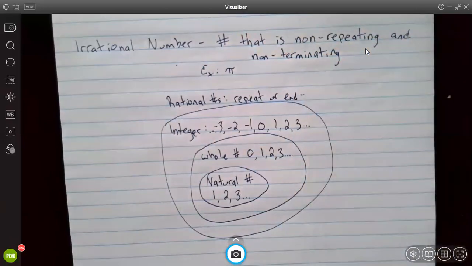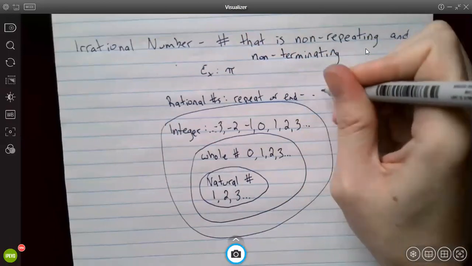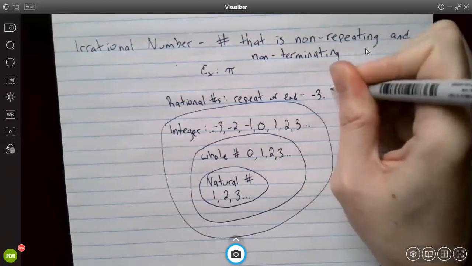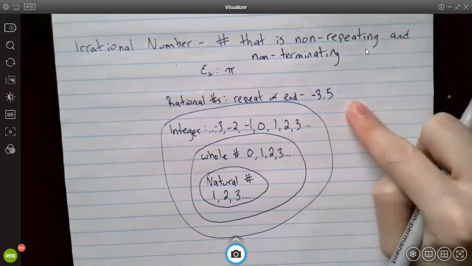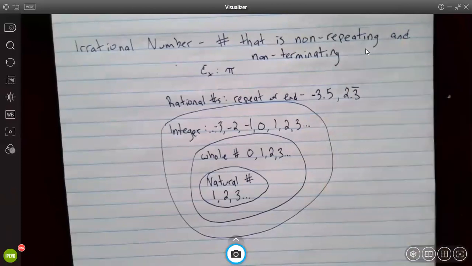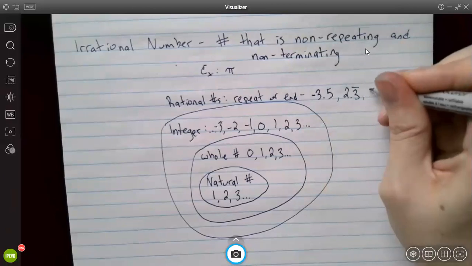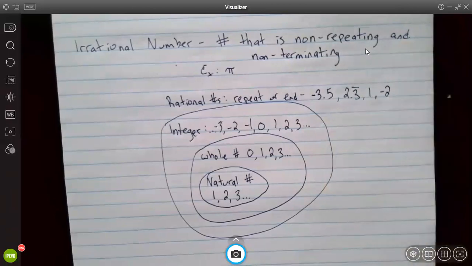So that could be things like -3.5, that ends, doesn't keep going, or 2.3 repeating, or 1, or just -2.